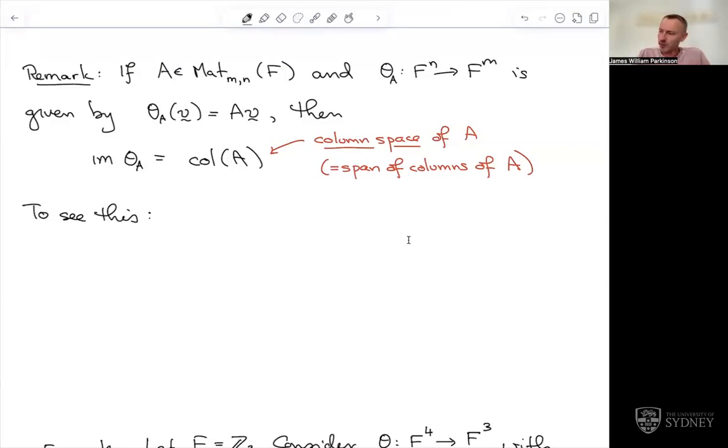But we should see this. We'll write A to be just some columns, and we'll name its columns V1 up to Vn, where these Vi are in F^m.